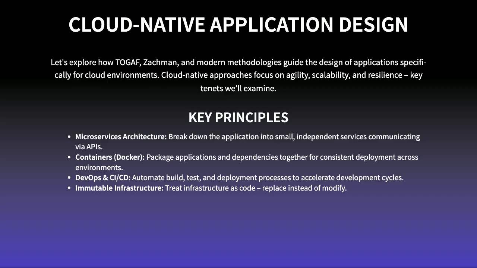Then you wrap them up in containers like Docker, making sure they behave the same way everywhere. Automation through DevOps and CI/CD pipelines speeds up development while treating your infrastructure as code. Essentially, building it with software helps ensure everything stays consistent and manageable. It's a shift toward agility and responsiveness.